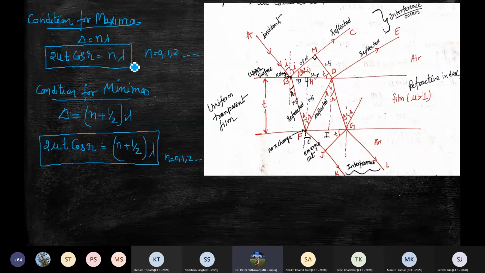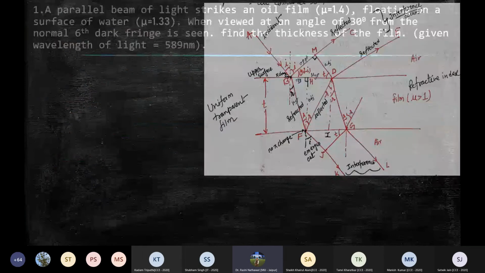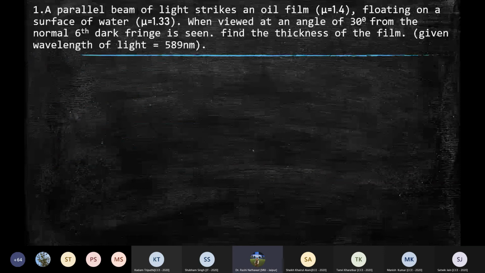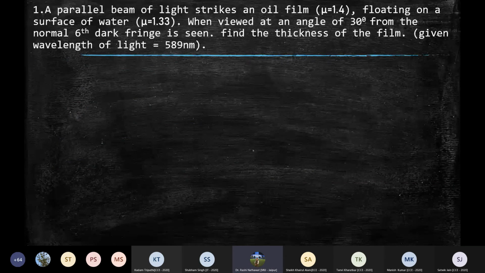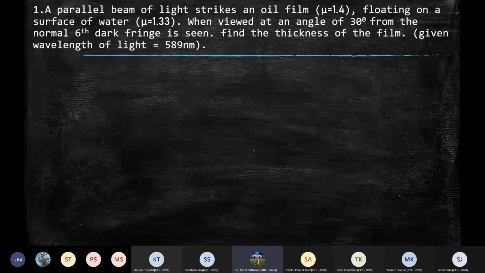Okay, there is so much mathematics now. Let's do some numericals. I think you have all the formulas in your mind. So I have a numerical for you. A parallel beam of light strikes an oil film, whose mu is 1.4, floating on the surface of water where the mu is 1.33.